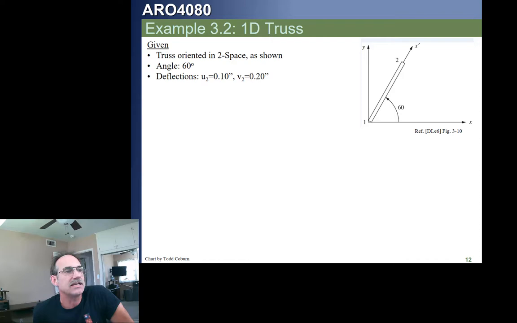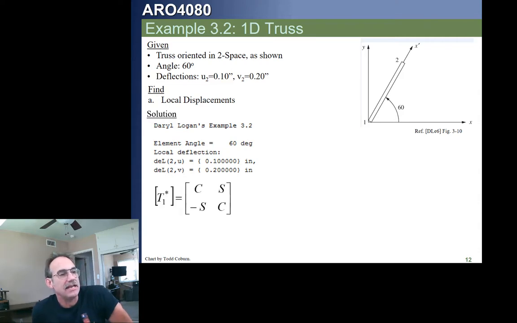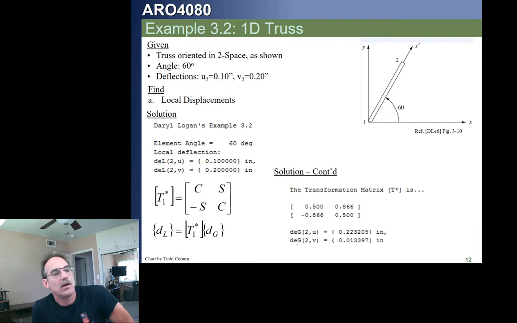We've got an angle like this. We've got these two displacements, U2 and V2. These are our global displacements. If we want the local displacements for that node, then we would just apply the transformation, and it gives us our answer. Okay, you can try this out on your own.